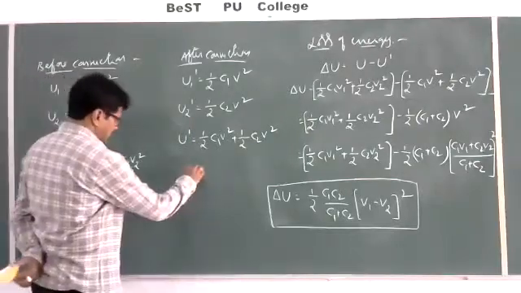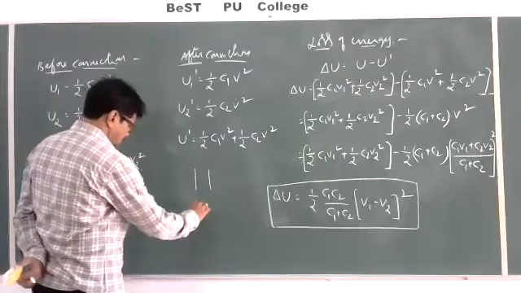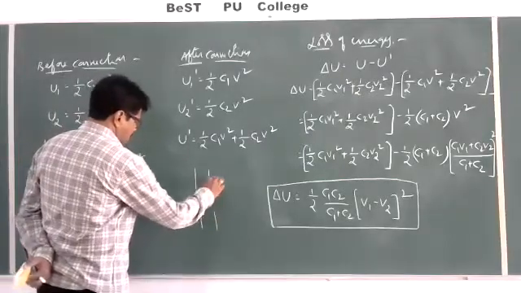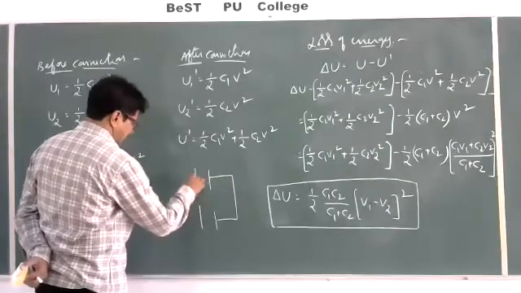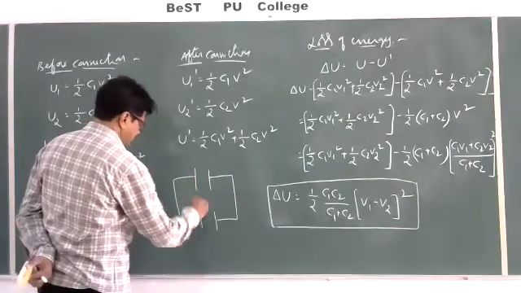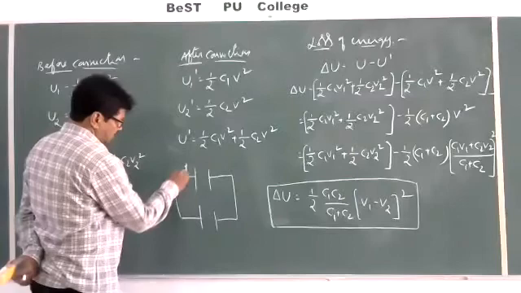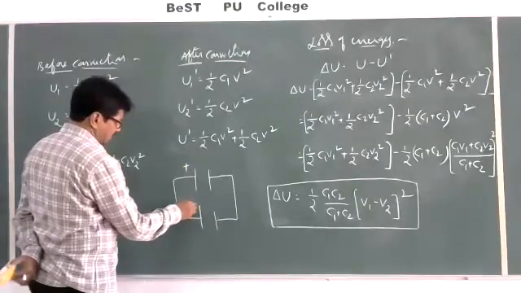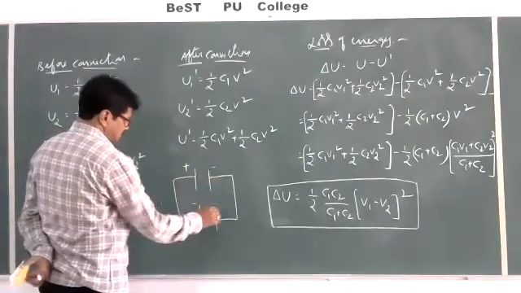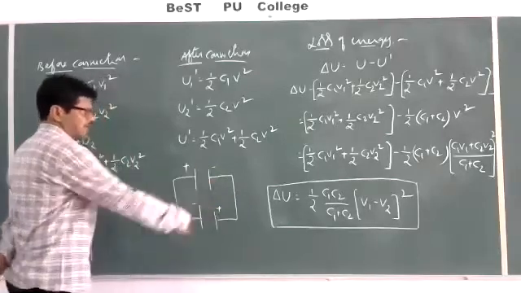The diagram will be like this. That is, alternate plates are connected together.